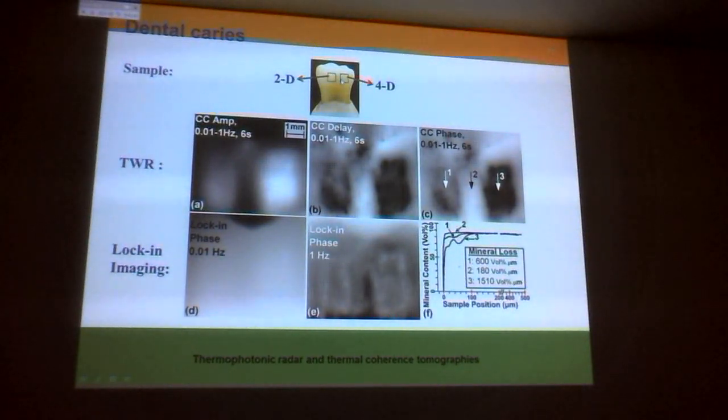So up to what depths can you detect demineralization? I think we're looking at probably 500 microns, 1 millimeter, but depending on what wavelength you use. That's very important, because near infrared wavelengths, especially above 900 nanometers, become more and more transparent. If you go to about 1300 or 1400 nanometers, you start getting down to the dentin.